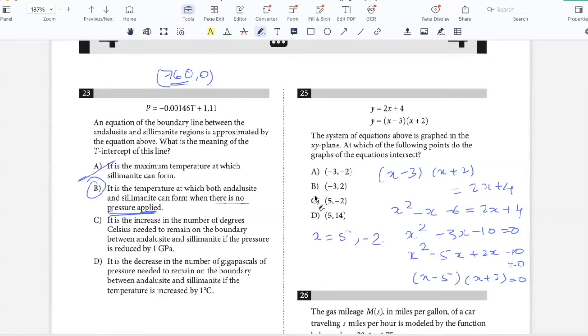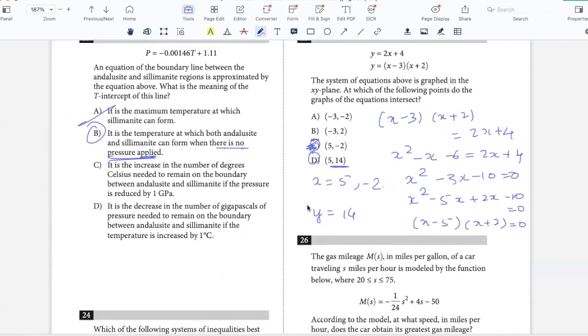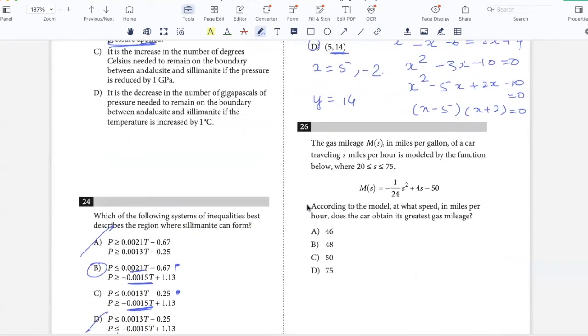Right, so it has to be either C or D. And when x is 5, y has to be 14, right? So the answer is D. The gas mileage in miles per gallon of a car traveling S miles per hour is modeled by the function below. According to the model, at what speed in miles per hour does the car obtain its greatest mileage?